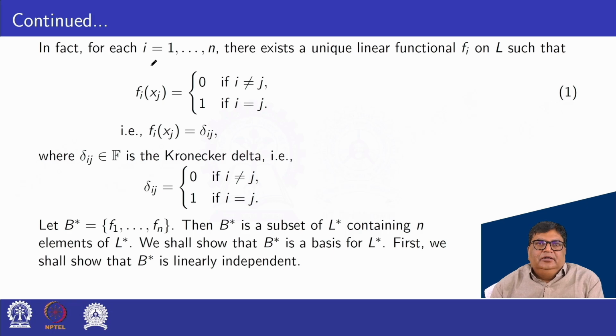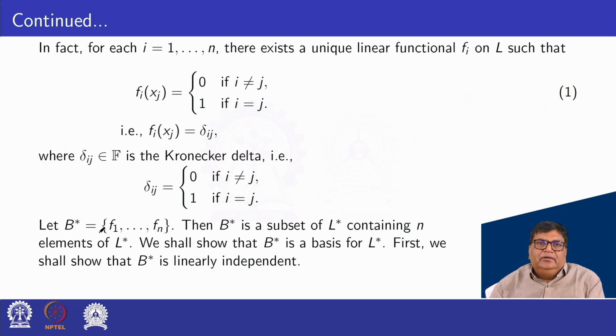In fact, for each i equal to 1 to n, there exists a unique linear functional fi on L such that fi(xj) is 0 and 1, if i is not equal to j and i is equal to j respectively. That is fi(xj) is equal to Kronecker delta ij. Okay.